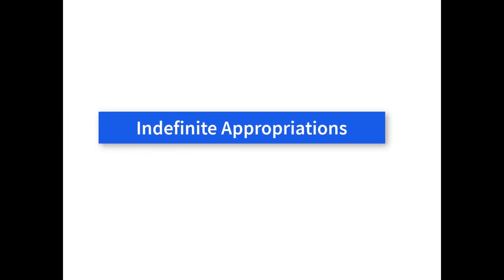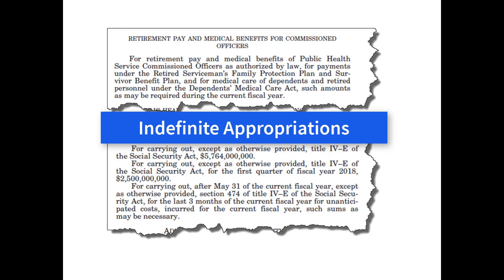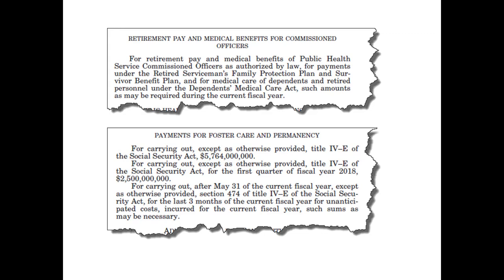Indefinite appropriations. Indefinite appropriations have to be requested as well. Indefinite appropriations are those appropriations that have such amounts as may be required or such sums as may be necessary language, establishing the amounts appropriated.